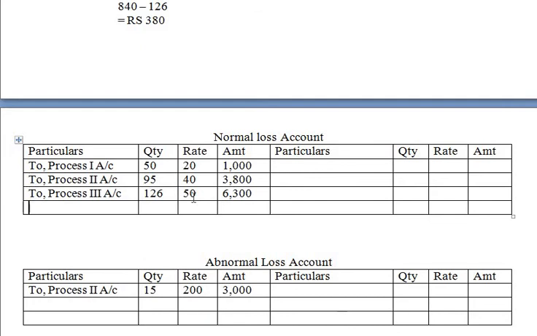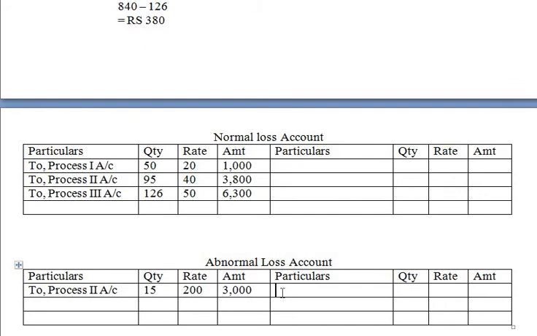Now, abnormal loss account. Abnormal loss for process 2 we have. So for process 2, realizable value is rupees 40. Understanding? This is abnormal loss they have incurred, but there is some realizable value for it.